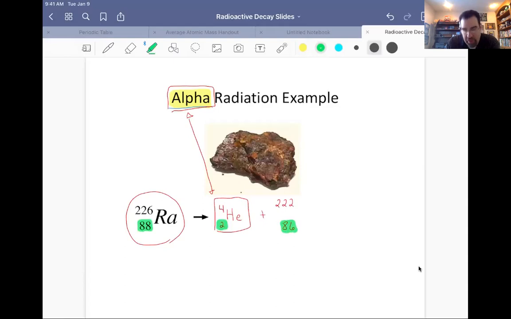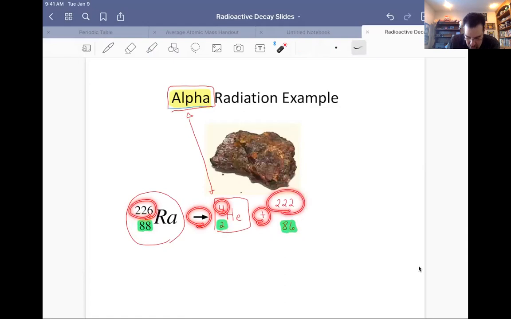Okay, so then if you look at this mathematically, it should make sense to you. What it says right now is 88 equals 2 plus 86, which is true. Up top it says 226 equals 4 plus 222, which is true.